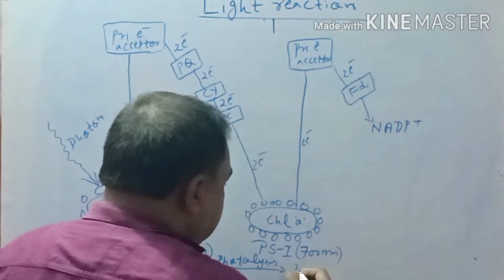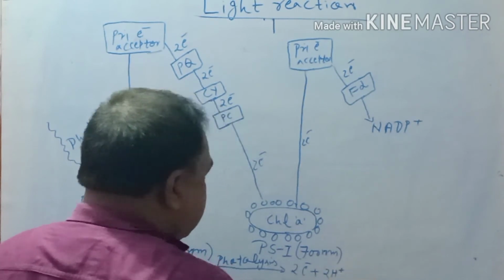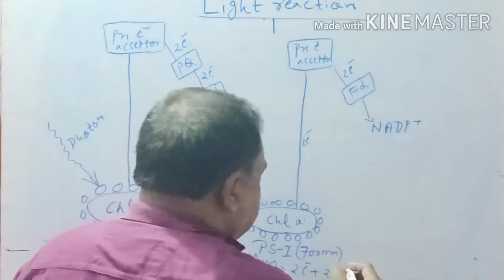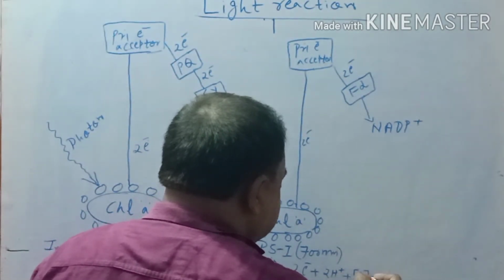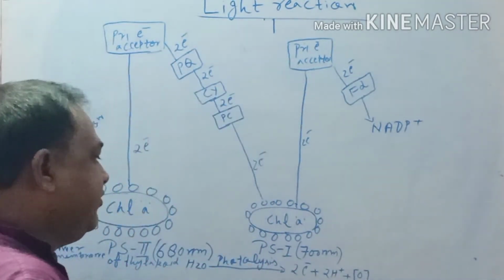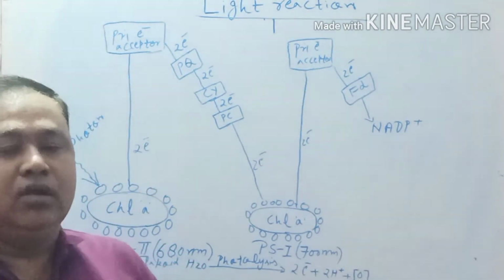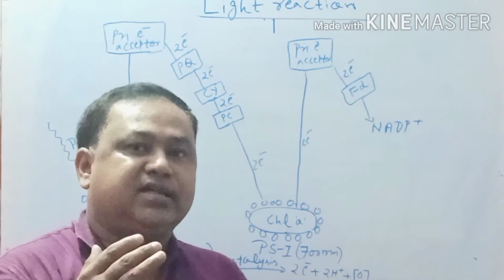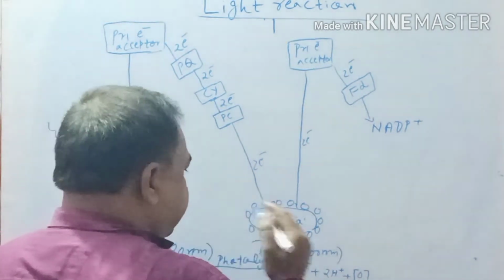It is broken down into 2 electrons along with 2H plus ions and oxygen as a byproduct, released at the inner membrane of thylakoid, which gives the oxygen as a byproduct that is used by organisms.